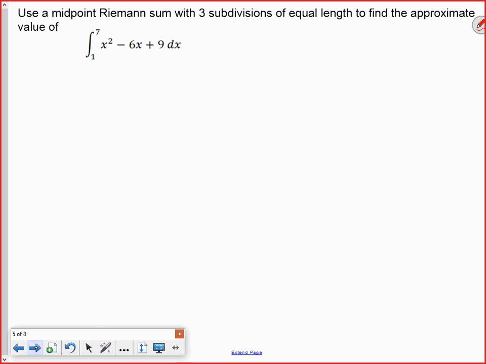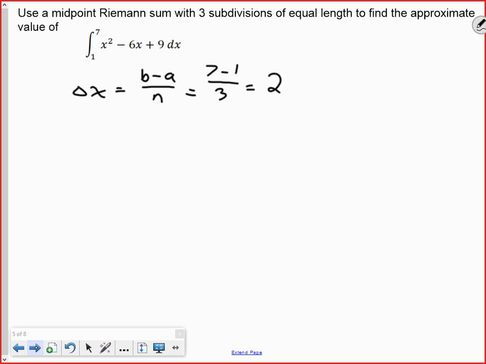We do it the same way we did the approximate integrals in the last lesson. First, delta x is going to be (b minus a) over n. In this case, we're going from 1 to 7 and we want 3 subdivisions, so each one has a width of 2.